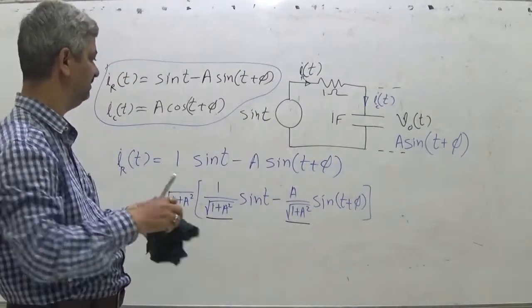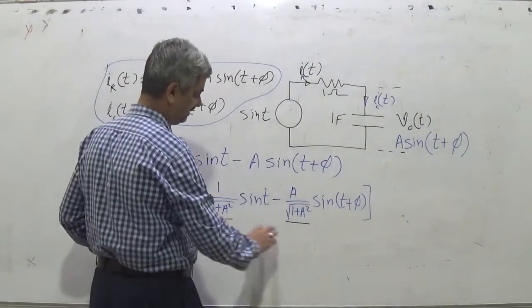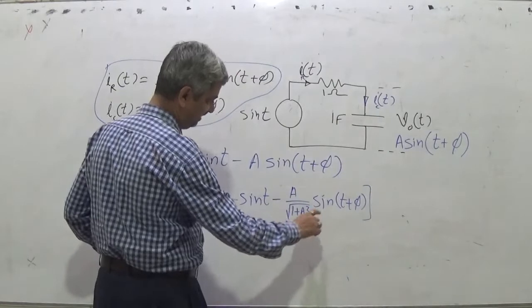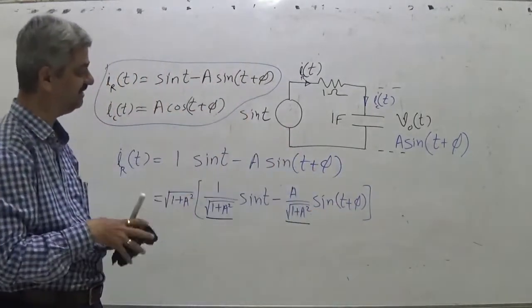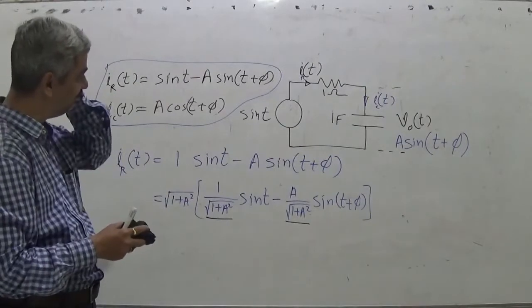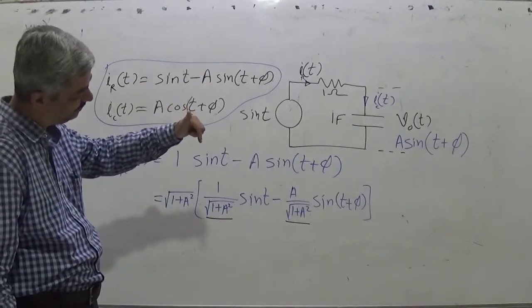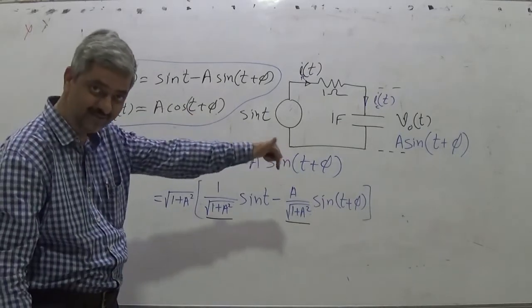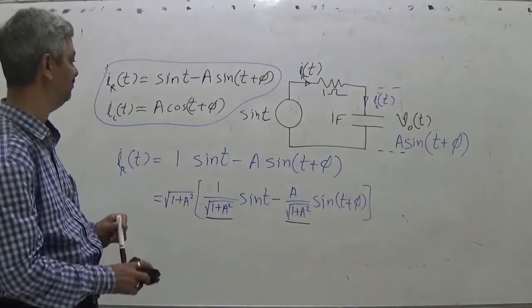So this I can assume as cosine, this I can assume as sine. But again there is a problem: sin(t plus phi) is there. So for that, t plus phi, you will be required to expand. So directly as such here I don't get it.